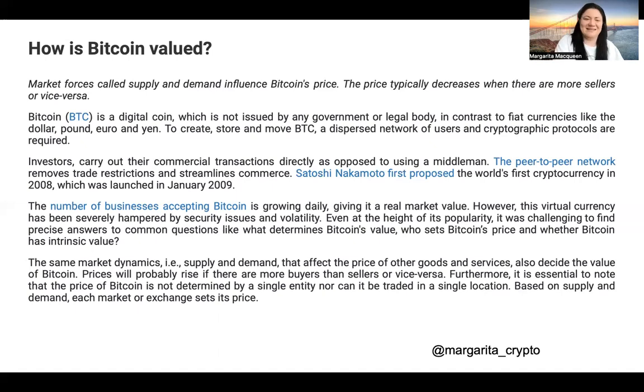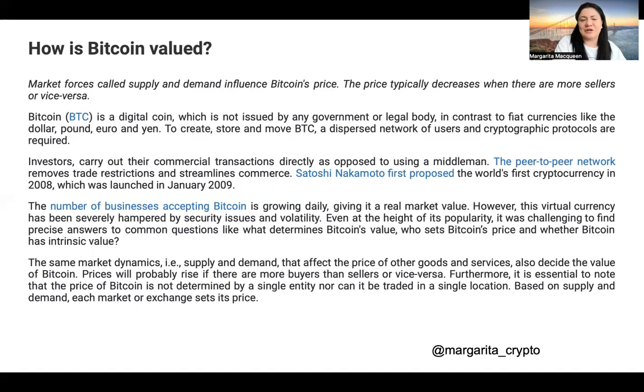Thanks. The number of businesses accepting Bitcoin is growing daily. As we know, that's kind of true, because before they were laughing and now they are accepting it. I mean, you kind of have to have that sarcasm, giving it real market value.